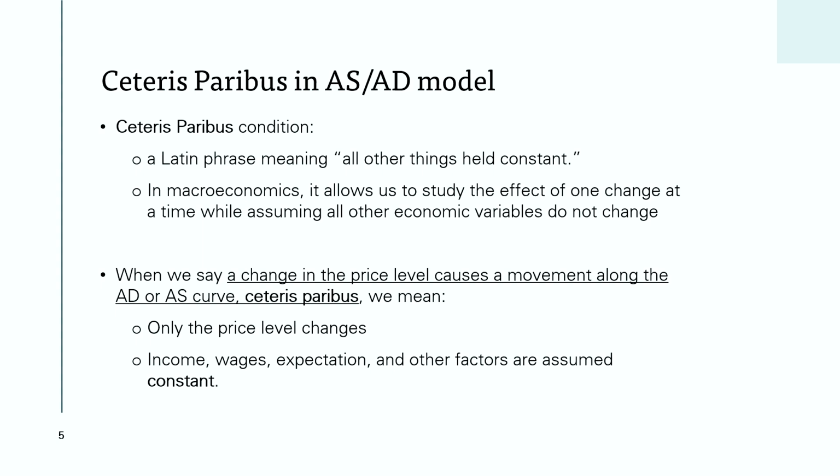In the aggregate demand and aggregate supply model, whenever we say a change in the price level causes a movement along the curve, ceteris paribus means income stays constant, wages stay constant, expectations stay constant, and input prices stay constant, and only the price level changes. This allows us to isolate the effect of one variable at one time.